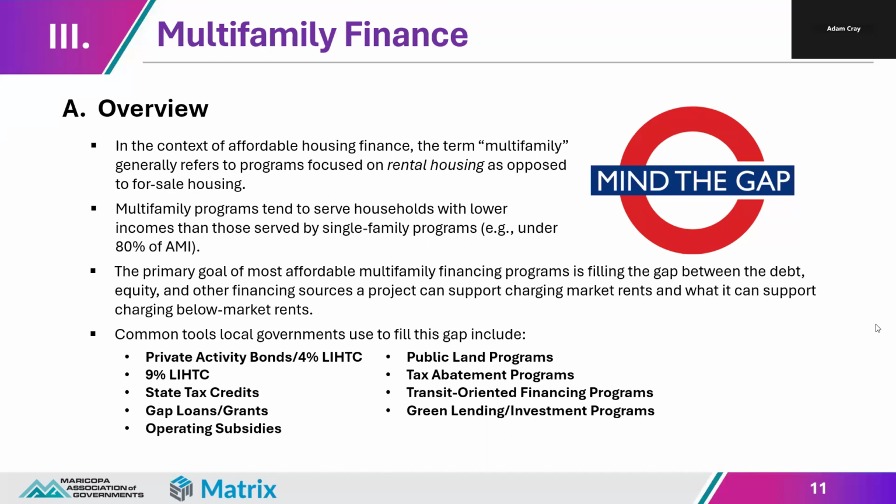So there is some amount of debt and equity that is supportable by market rate rents, and when you lower those rents artificially and set them at a lower level, that creates a gap in the financing. There is less income on an annual basis to support debt and to support equity returns for someone. And so there is a gap, and we need to figure out how to fill it.